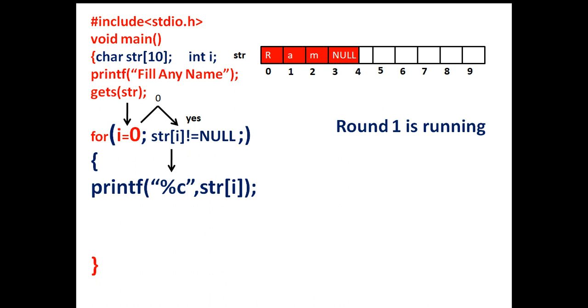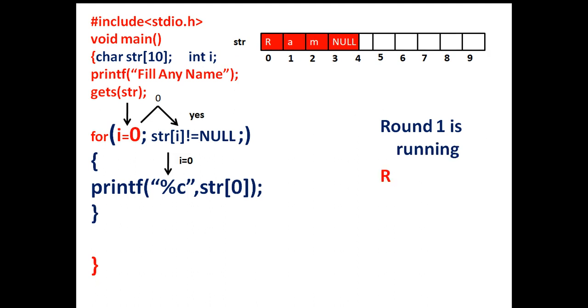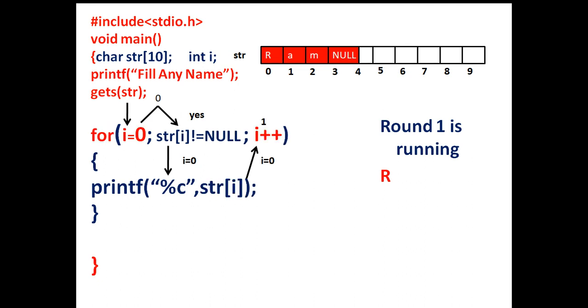The printf function will print on screen str[0]. At the 0 location, the value is r, so r will be printed, and after printing r, the for loop will go to the first location. For going to the first location, we will have to increment the i variable; we have written i++ here.